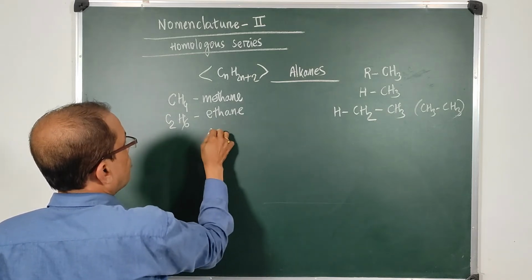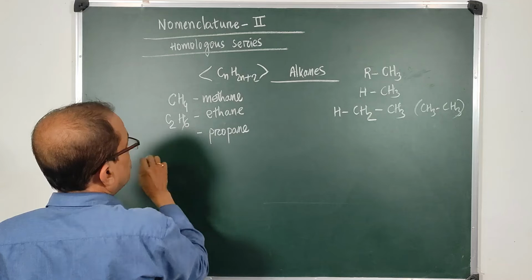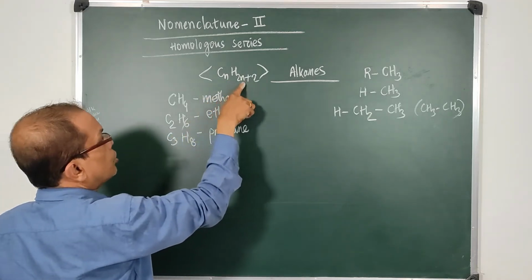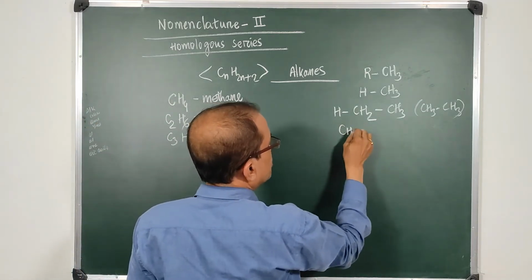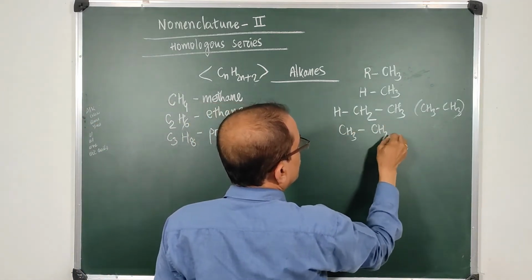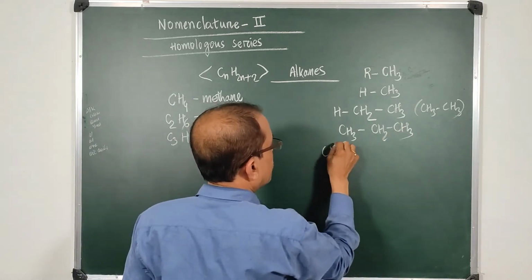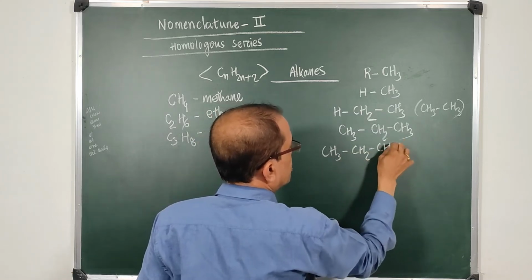The next one will be propane, because it will be an alkane with 3 carbon atoms, C3H8, 2 into 3 plus 2, 8, and this will be CH3CH2CH3. Next will be one CH2 more, CH3CH2CH2CH3.